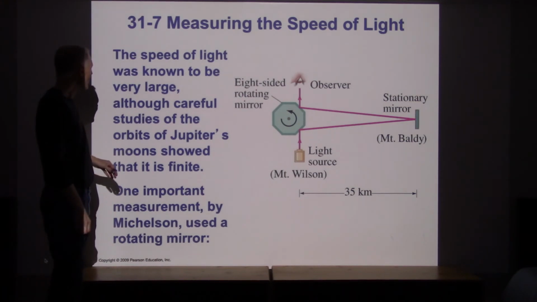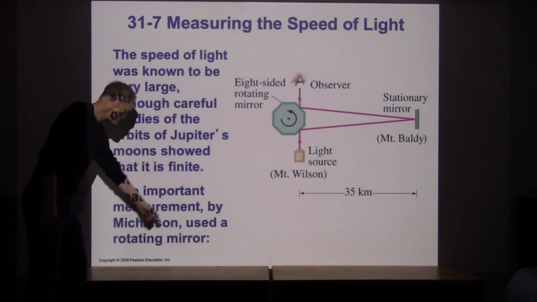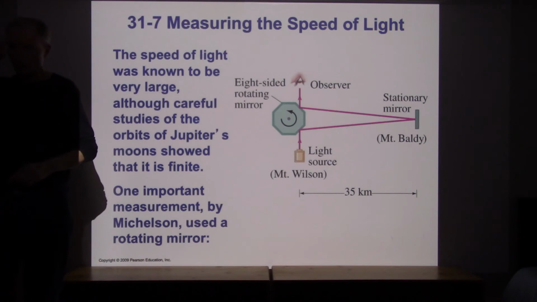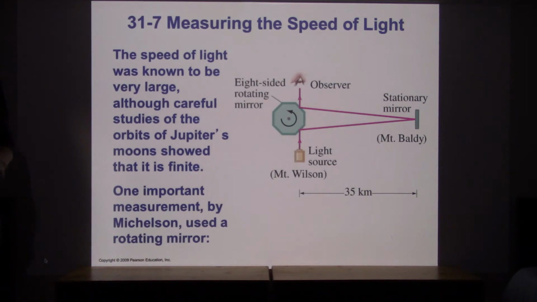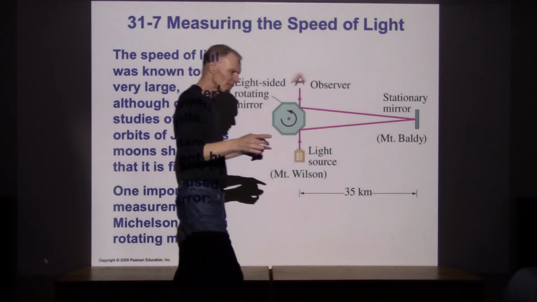Now, a person who did become very central to measurements of the speed of light was the physicist Albert Michelson, who I think was the first American physicist to win a Nobel Prize. And this was probably during the later 1800s. He did a series of measurements at the Naval Academy.